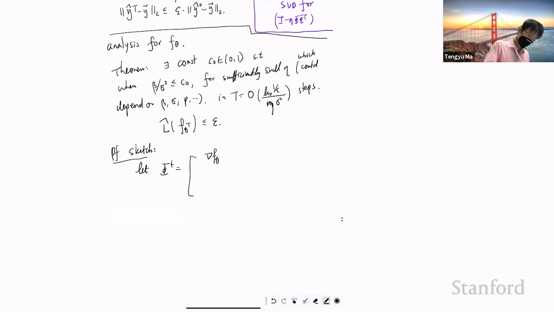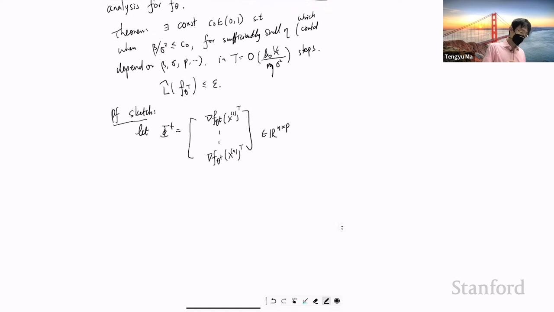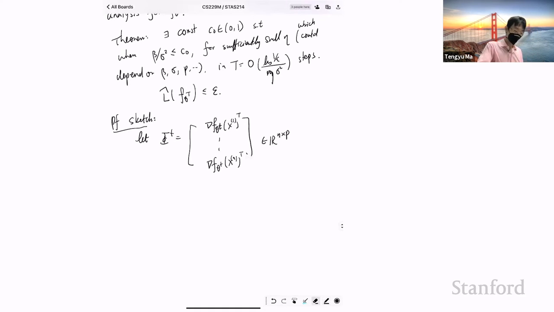Suppose you define this phi superscript t to be the kernel at time t. This is the NTK kernel when you Taylor expand at time t. I think we have discussed this before, but now you can see it explicitly.